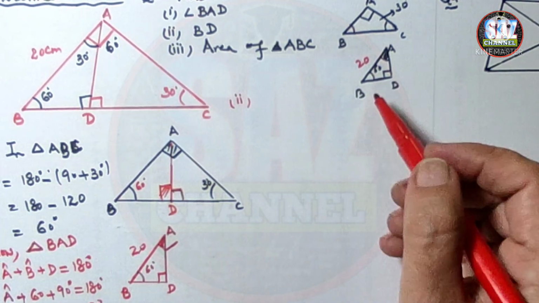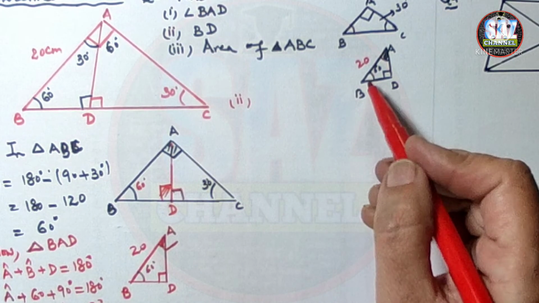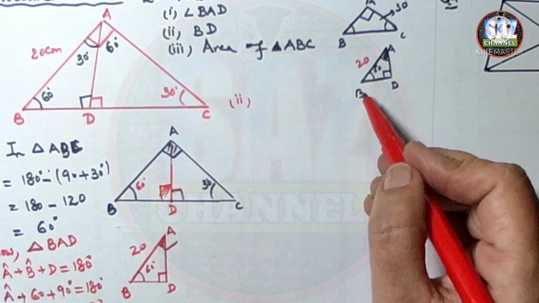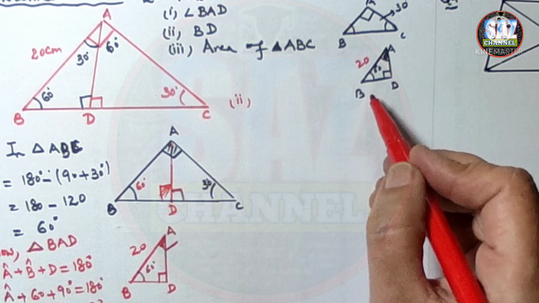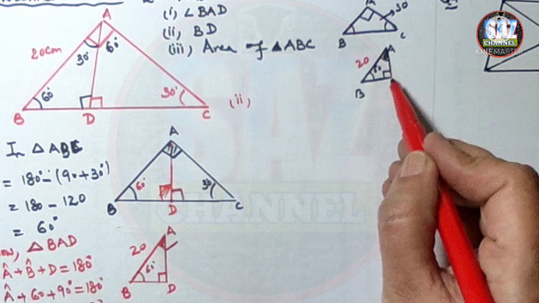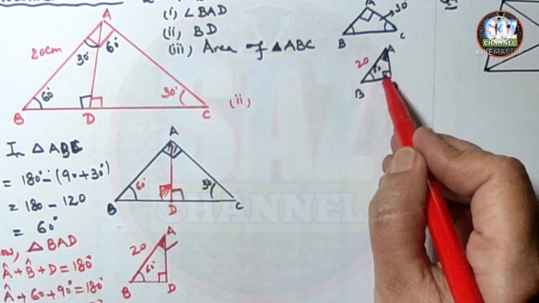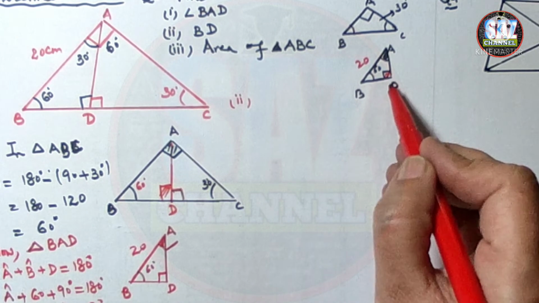Now recall my previous lesson, when one side and an acute angle are given, how to find the unknown side by using basic trigonometric ratios. With the reference of 60 degrees, BD is adjacent, and this 20 centimeters is the hypotenuse because this is the side in front of the 90 degrees.